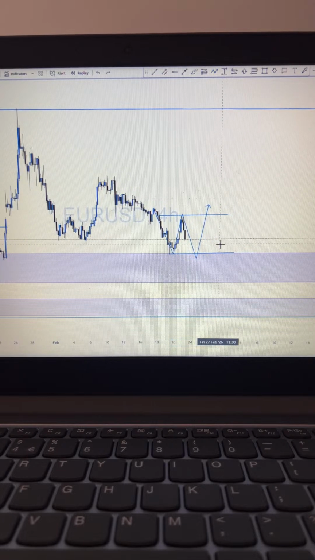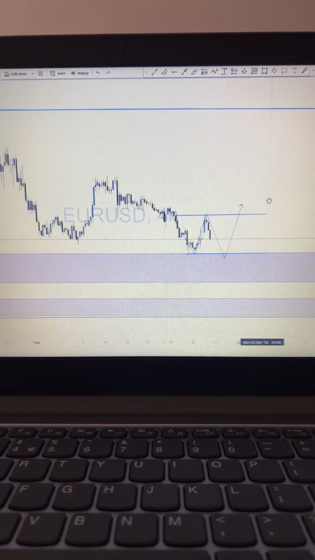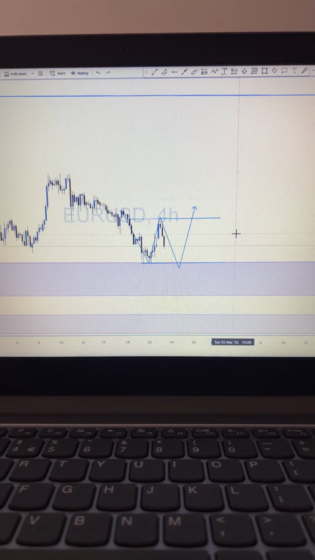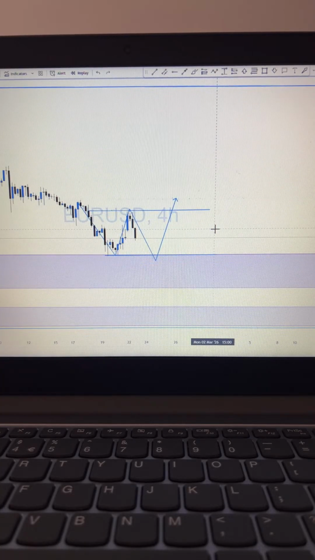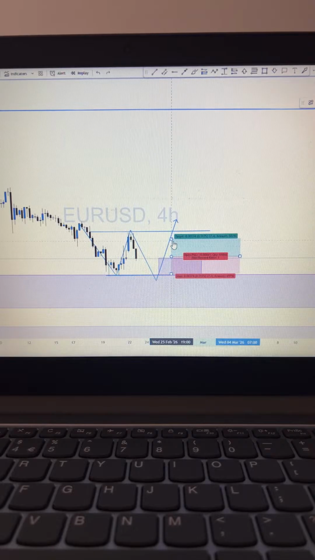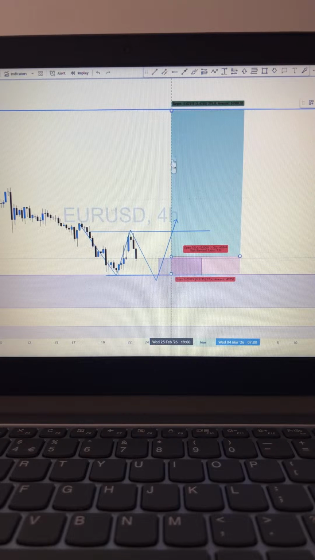If I get this clear formation, it is an indication that buyers are ready to come in. Once I get this formation, I can buy from anywhere around this place and target the whole of this high.